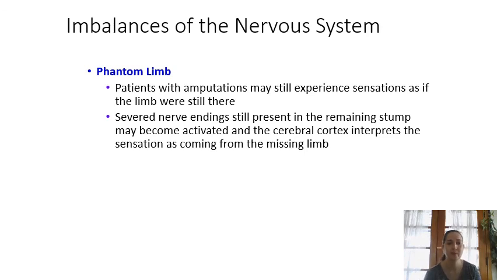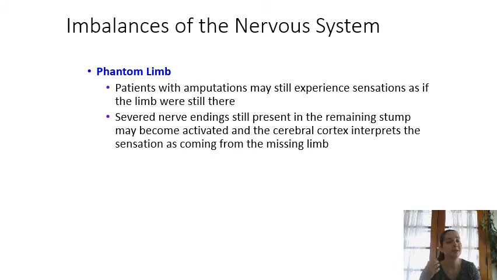Okay. A quick note on phantom limb. This is one sometimes students have questions about. When a patient gets a limb amputated, sometimes they can still feel that limb, so they feel the pain in that limb, and that's because there are still nerve endings that would have gone to that particular limb that were then severed when the limb was amputated.